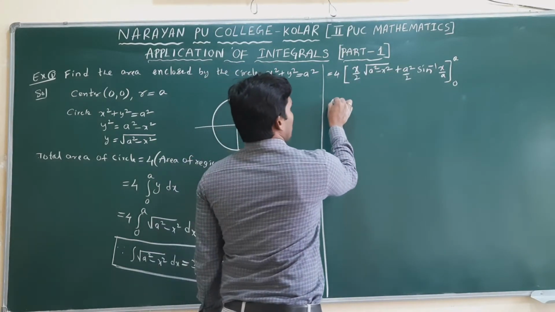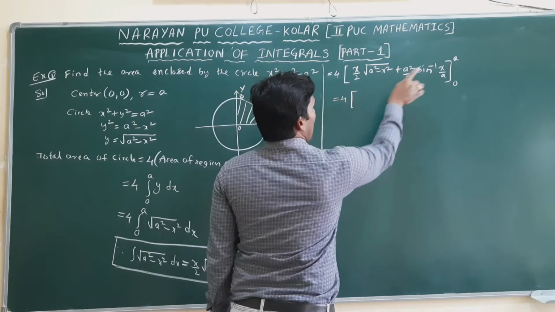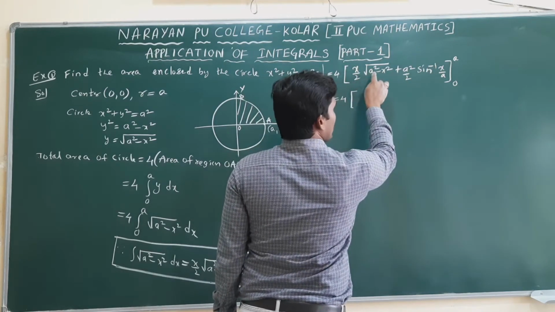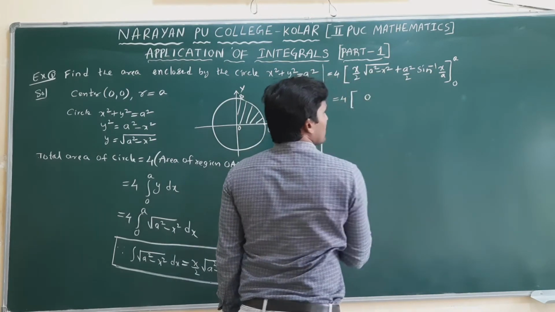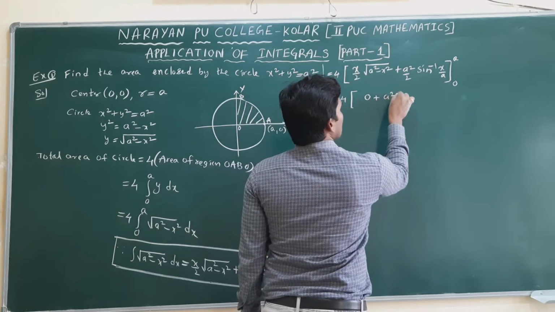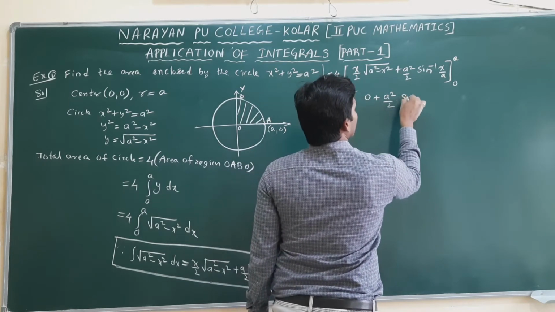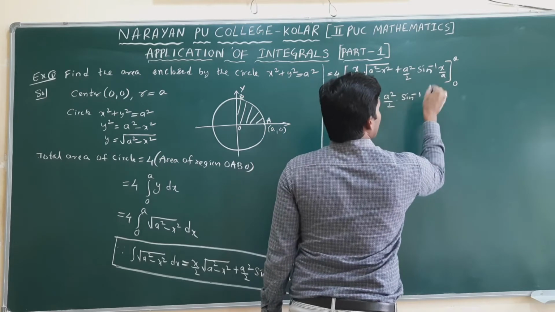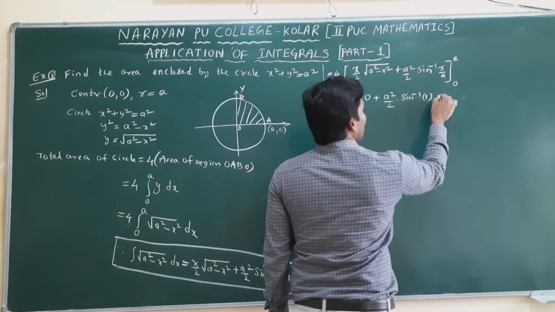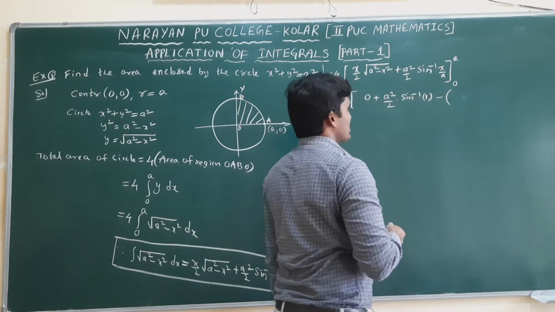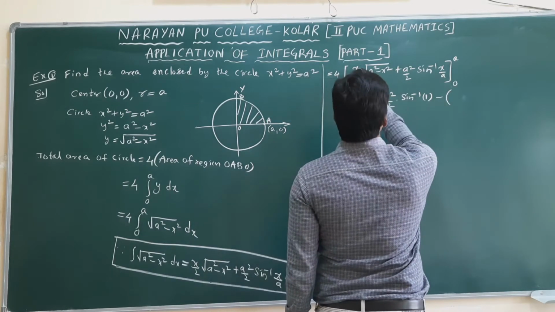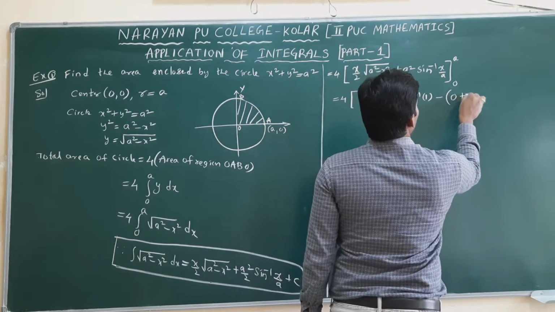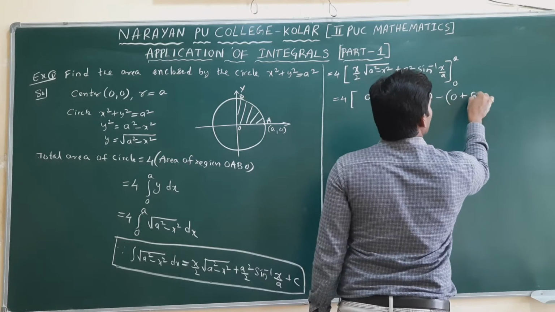Now substitute upper limit and then lower limit. Upper limit substitute, what will you get? A by 2, okay, a square minus a square, this value becomes 0. A square by 2 into sin inverse of a by a, that is 1, minus lower limit. What is the lower limit? 0. 0 into anything is 0, plus a square by 2 sin inverse of 0 also 0.